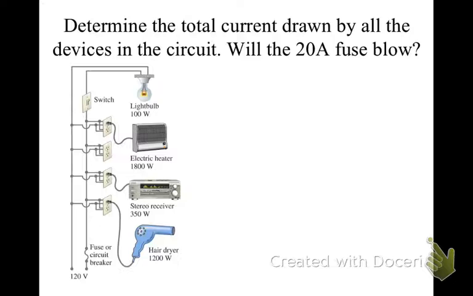Okay, you should have an answer. Let's go through this item by item. If I is P over V, that's just the power equation rearranged, I can figure out how much current each thing draws. The 100-watt light bulb on 120 volts from our house gives me less than an amp.